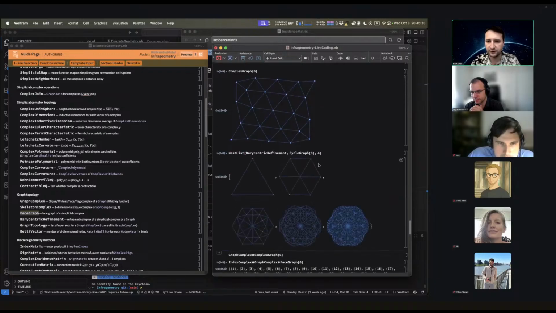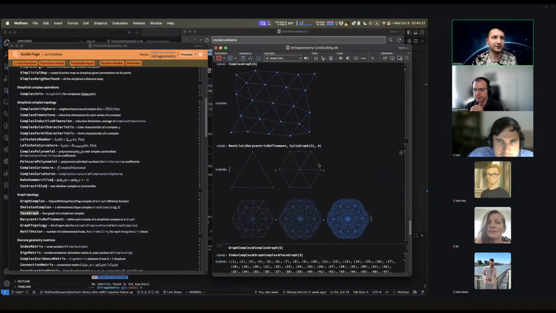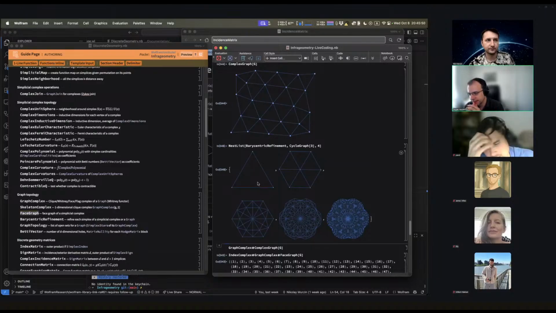So that's what barycentric refinement is doing. We start with this. The embedding is kind of weird, but it's also a triangle if you straighten out these edges, because it puts a vertex for each edge. So it takes the midpoints of the edges and connects those to the boundary of every edge, and then it takes the midpoint of the triangle and connects that to the midpoints of the edges. Something like that.